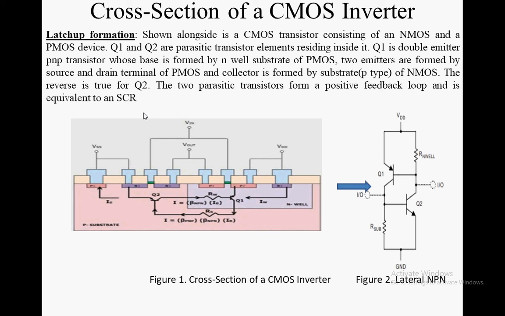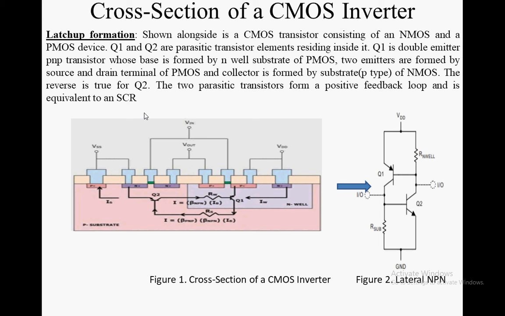How can we check latch-up formation? Latch-up formation is shown alongside: a CMOS transistor consists of an NMOS and PMOS device. Q1 and Q2 are parasitic transistor elements residing inside it.